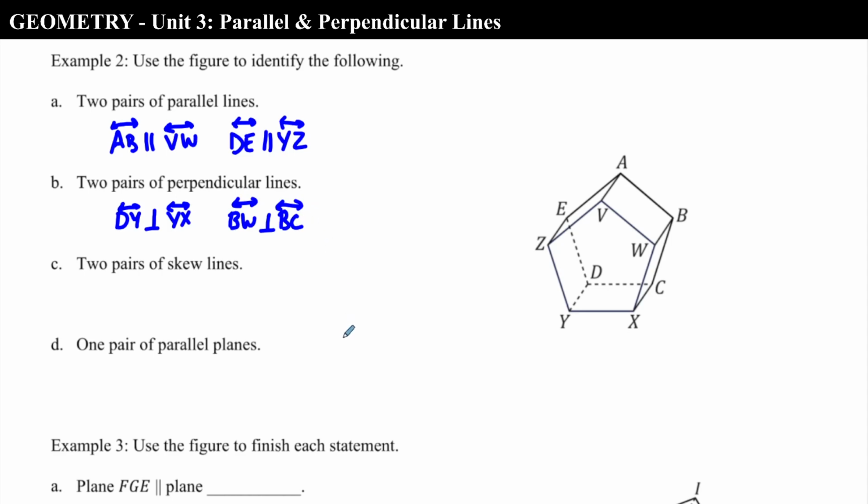All right, now two pairs of skew lines. Let's try CD and WX. Again, there's no symbol for skew, so you have to just use the word and here. And then AE and XY, which is down here.